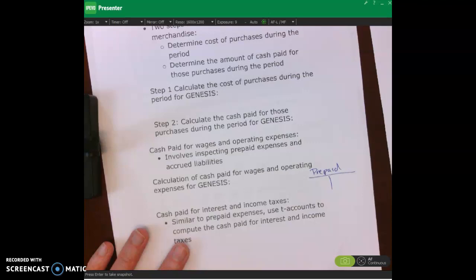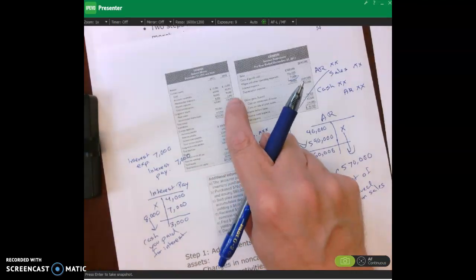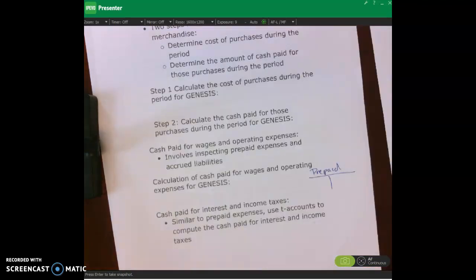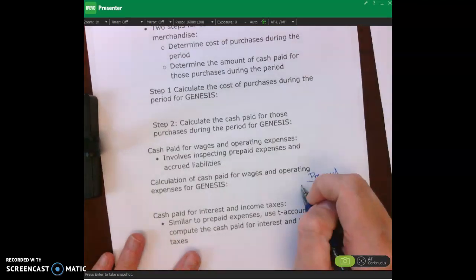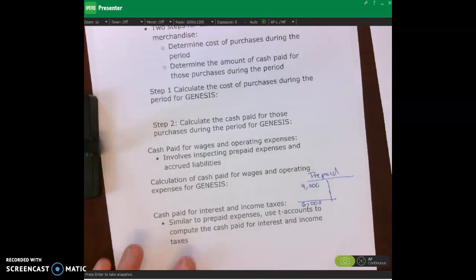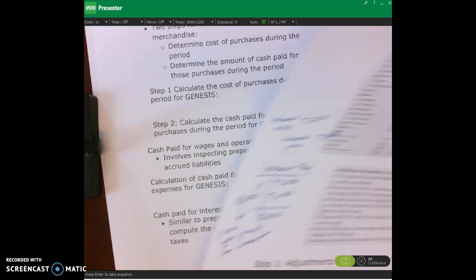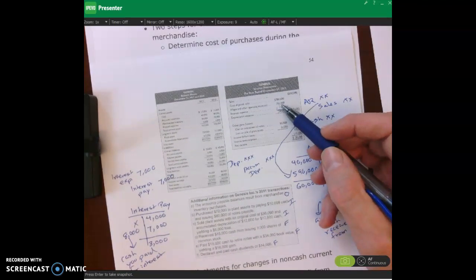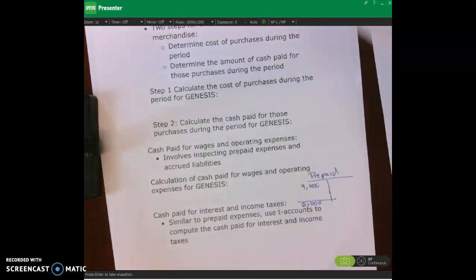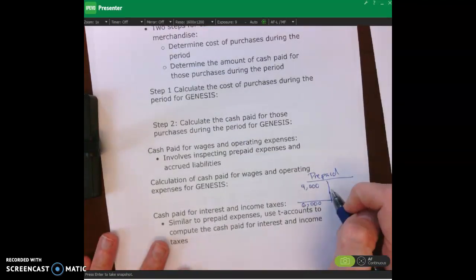If you look at the balance sheet, you find the prepaid expenses, $4,000, and then $6,000 right there. So I have my $4,000 beginning, I have my $6,000 ending, and if I look at my income statement, I have wages and other operating expenses right there, 216. I'm going to put that over here on the credit side, and I'm going to explain that now.